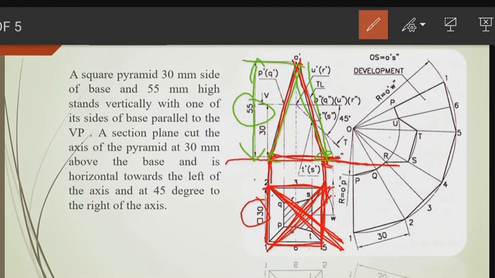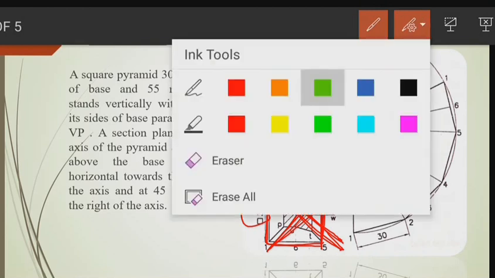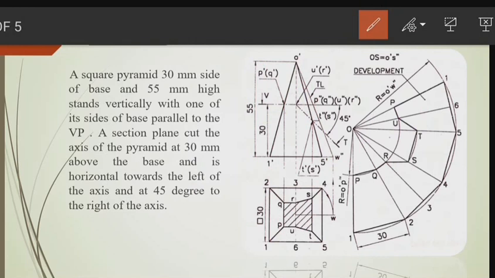Now our next step is naming. We will put the names here. From the top view it is 1, 2, and here in the center point we name it 3, and then 4, 5 and 6. So in the top view we name it 1 2 3 4 5 6.